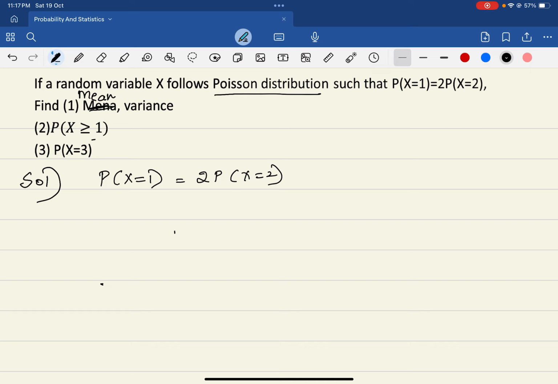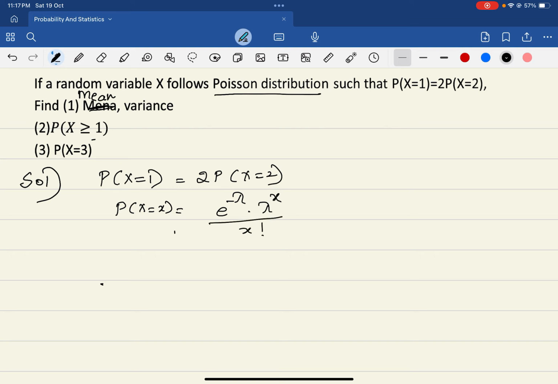Now what is the formula for the Poisson distribution? As we know, P(x) is equal to e raised to minus lambda, lambda power x over x factorial.